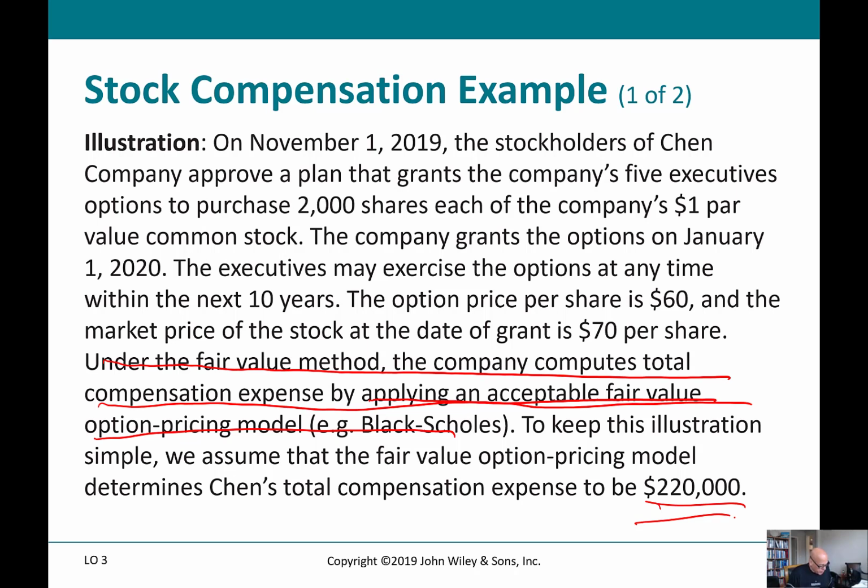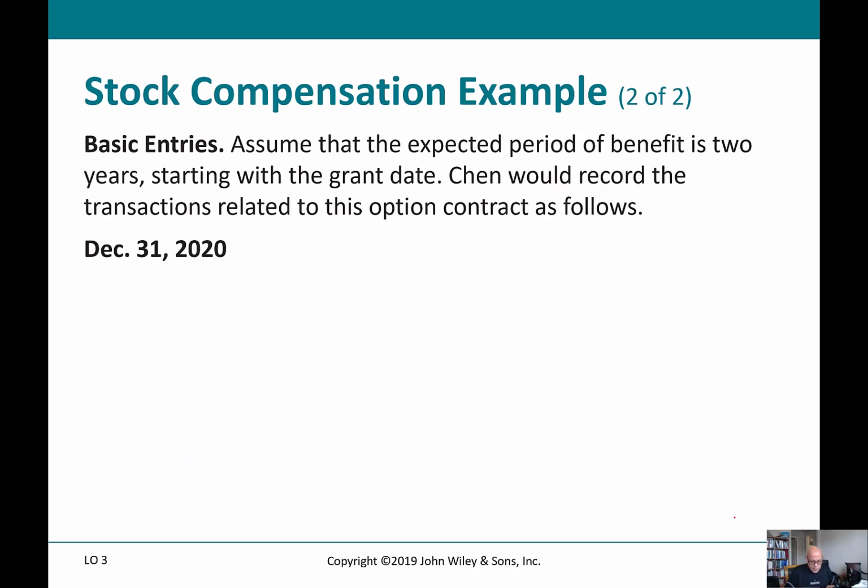Okay, so we come over and take a look at this next slide and assume the expected period of benefit is 2 years. I don't know, it seems a little arbitrary to me. I mean, they could be exercising this benefit over 10 years. They're saying the expected period of benefit is 2 years. If I was looking at this, my question would be, well, how long before they vest on this?